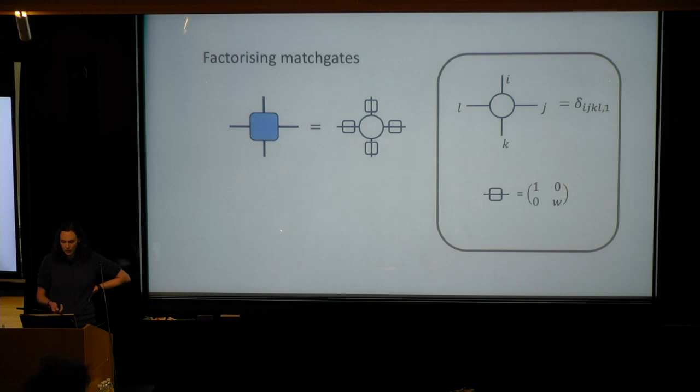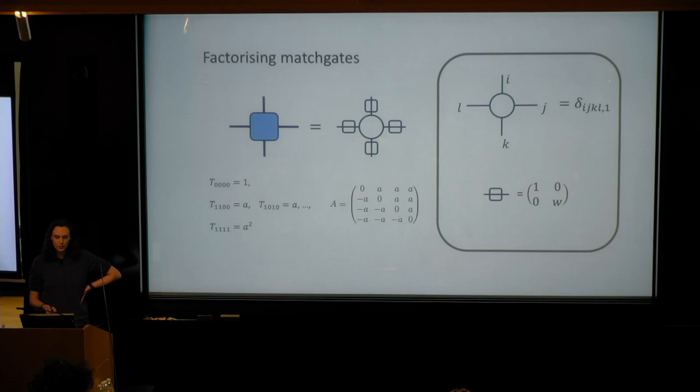and this is really all the freedom I have. Now, not every match-gate tensor can be written in this form, but there's a particularly simple kind of match-gate tensor that can be written in this form, which is a completely homogeneous match-gate tensor. So it's a tensor where there's just one single parameter that describes this whole tensor.